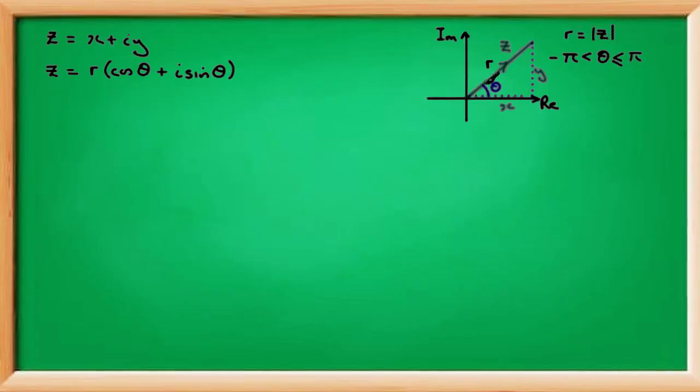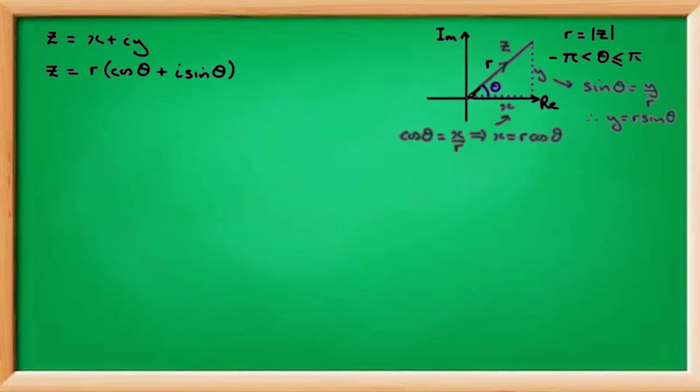If we had the x and y values and the angle theta here, remember theta was the arg of the complex number z, and it had to be an angle greater than minus pi radians and less than or equal to pi radians. Then I showed you by trigonometry that in terms of x and y, the cosine of the angle theta equals x over r, the adjacent side over the hypotenuse.